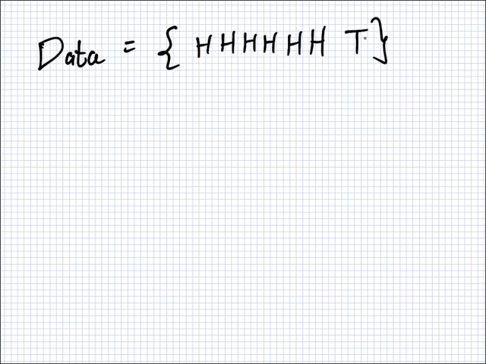So let's say we have this data. Again, we'll say 1, 2, 3, 4, 5, 6 heads, and then 1 tails here. Now, to be clear, we kind of know that the coin is not fair. So we're not quite testing whether it's fair or not fair, but to be a bit more precise, what we're testing is this.